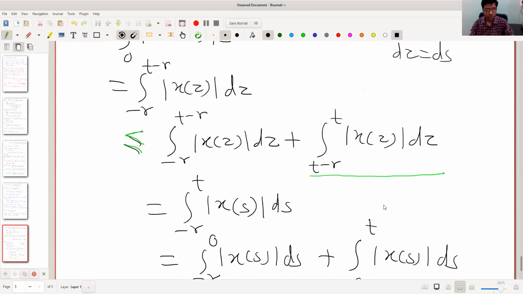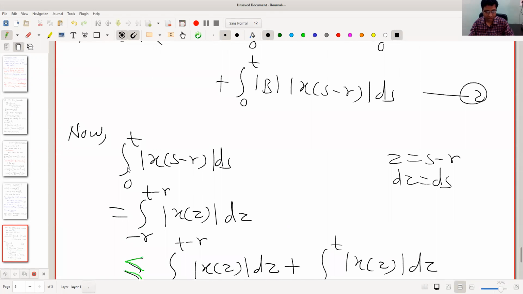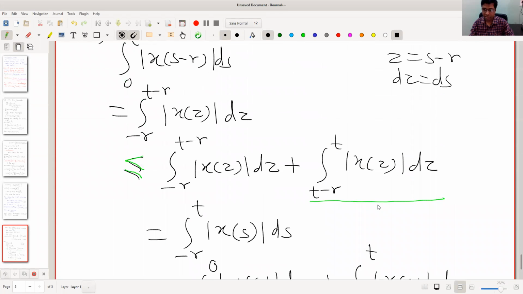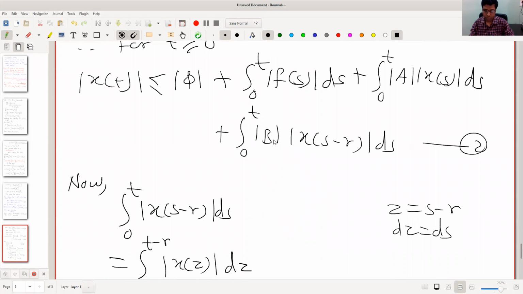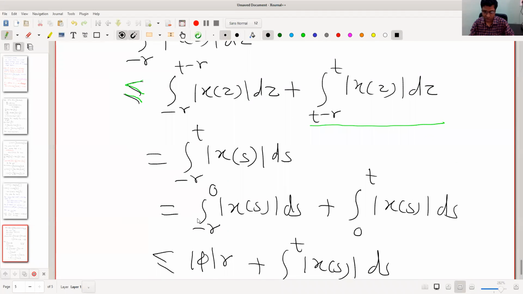So we are going to use this: the integral from 0 to t of the modulus of x of s minus r ds is less equal this thing in 2. So we replace the third term. Of course there is the modulus of b, so we can multiply the modulus of b on both sides. The modulus of b is a positive number, so the inequality will not change.